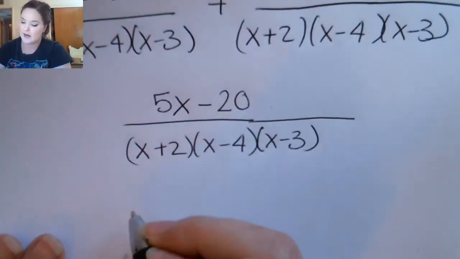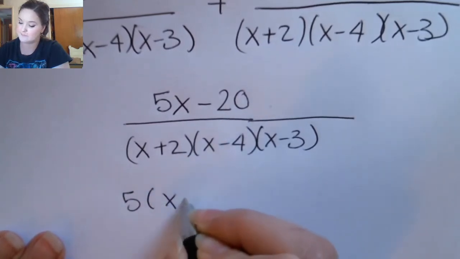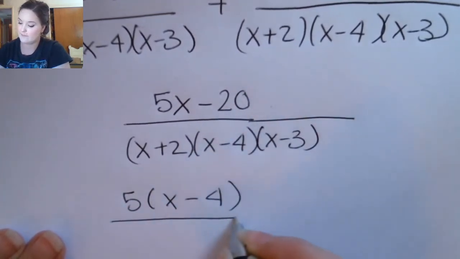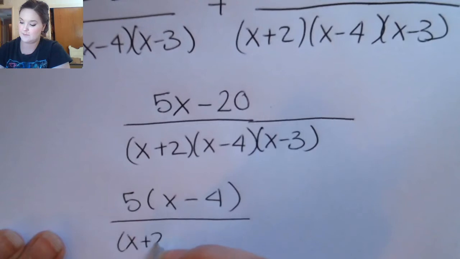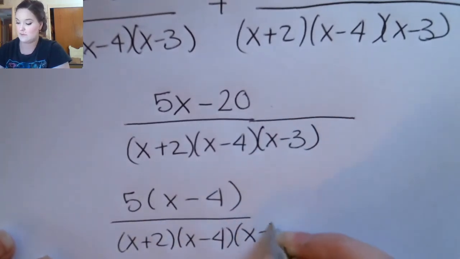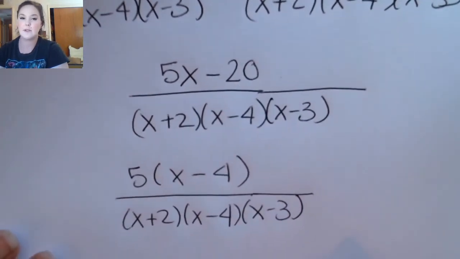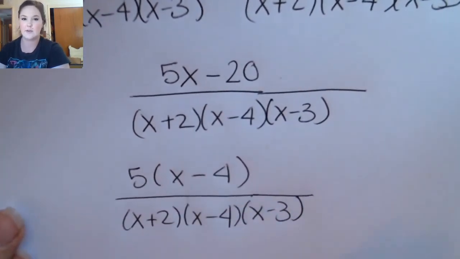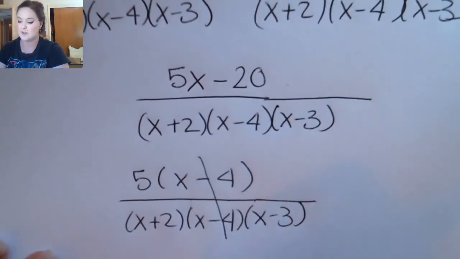So I'm going to factor that out. Okay, and this is why we do that, because you can see now these have a common factor and I can actually simplify my solution.